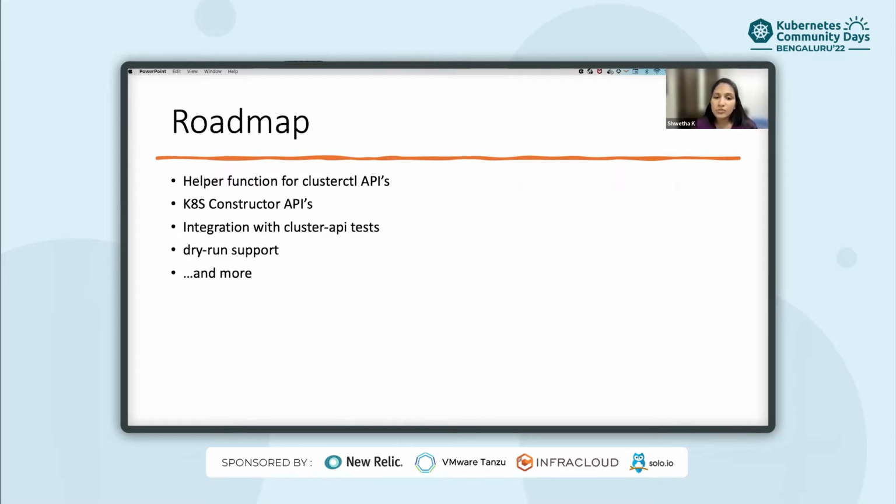When I say Kubernetes object graph, for example, consider a deployment YAML file. In the deployment, there will be different sections, right? Like metadata, spec, container section, or the pod section. Kubernetes constructor APIs will be helpful to define these objects.